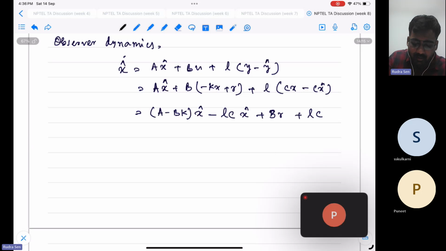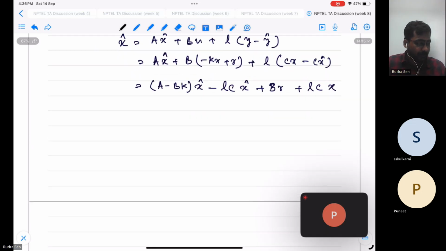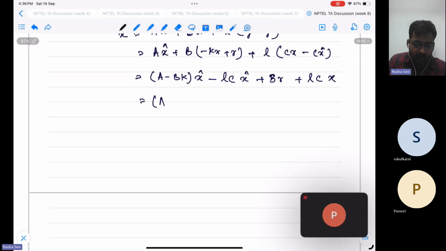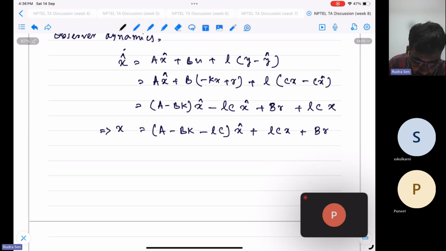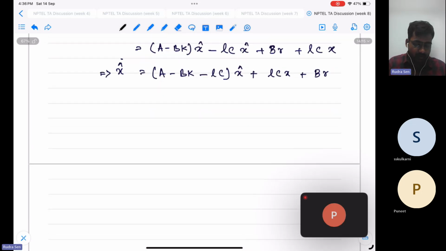So it is (A minus BK minus LC) x hat plus LCx plus Br. This is now the dynamics of the observer.